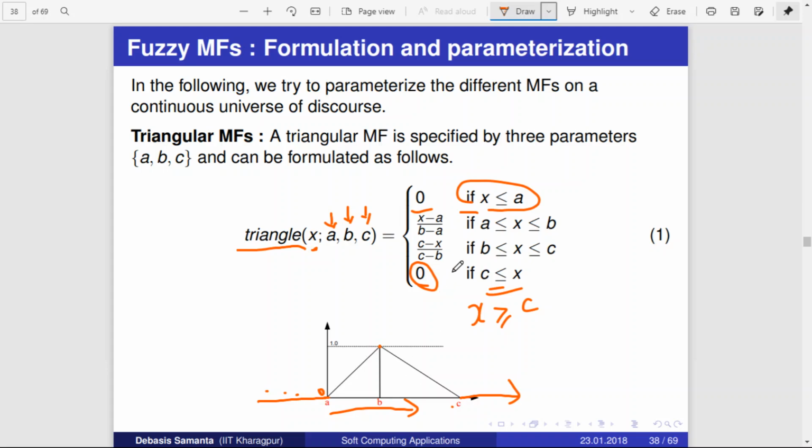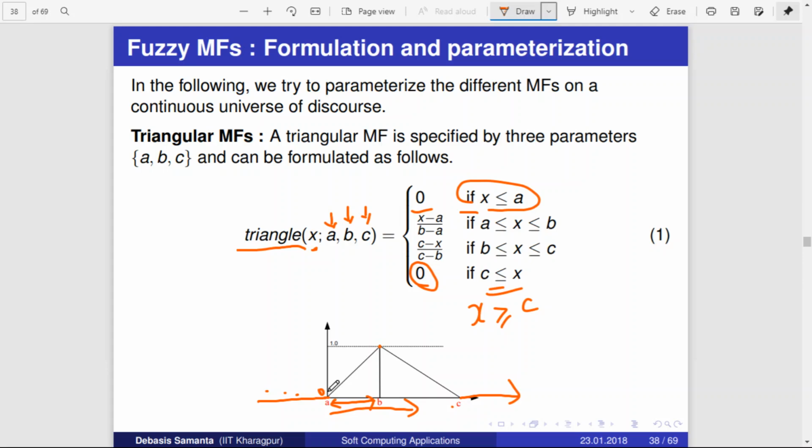Otherwise, if x is greater than a and less than c, then it will have some value, and the values will differ. For example, if x is greater than a and less than b, somewhere here, then the value it takes is x minus a divided by b minus a.